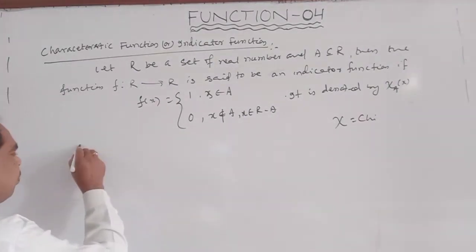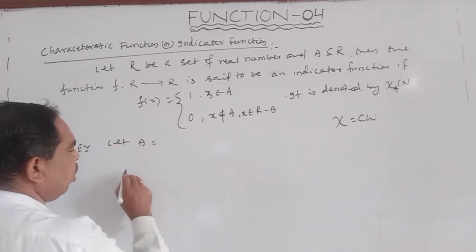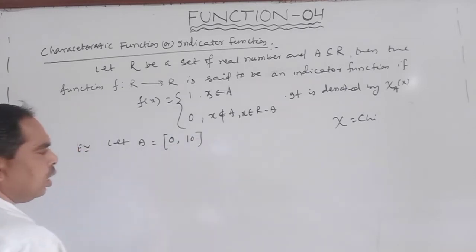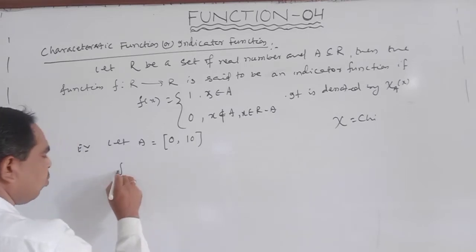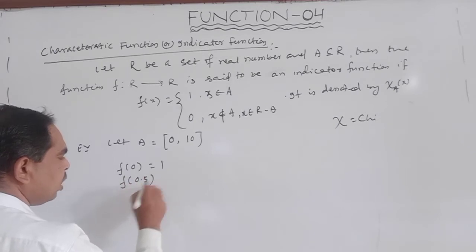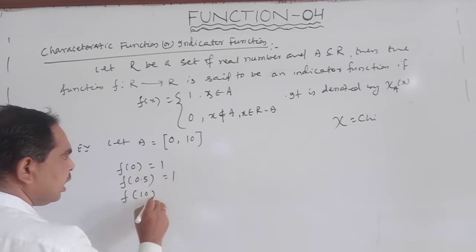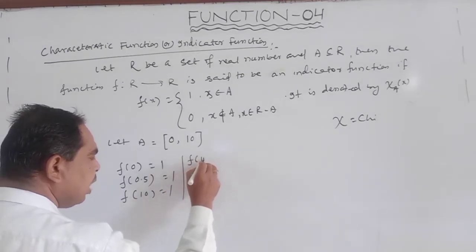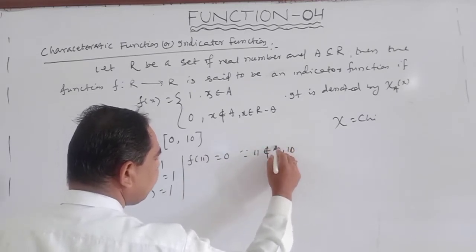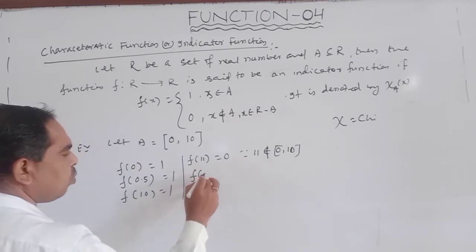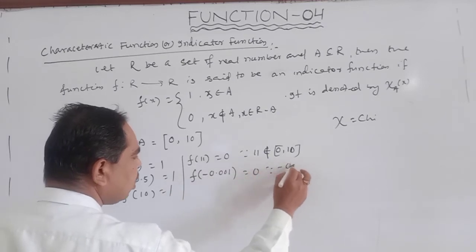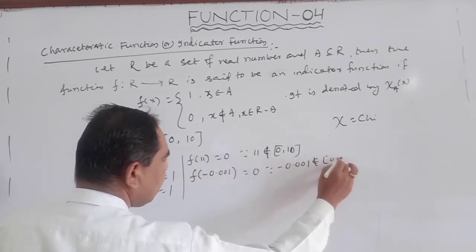For example, suppose A is equal to 0 to 10. Then f of 0 is 1, f of 0.5 is 1, f of 10 is 1. f of 11 is 0, because 11 does not belong to 0 to 10. f of minus 0.001 is 0, because minus 0.001 does not belong to 0 to 10.